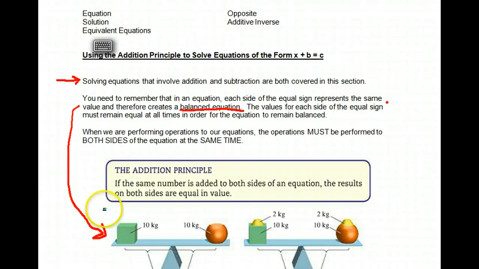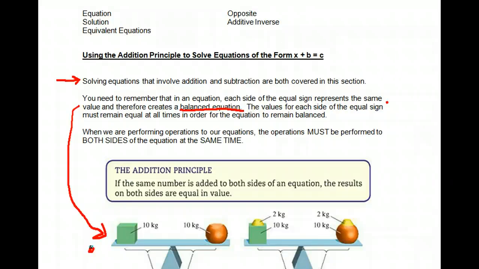Picture that scale. If you add weight to the left-hand side, the right side is going to rise. In order for you to rebalance the scale, you must also add weight to the right-hand side.